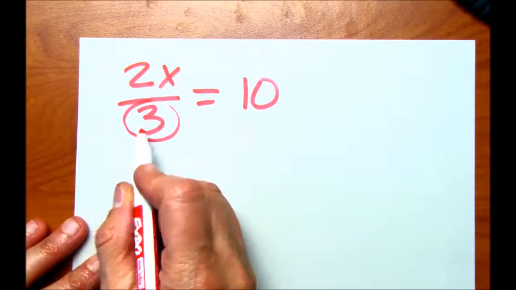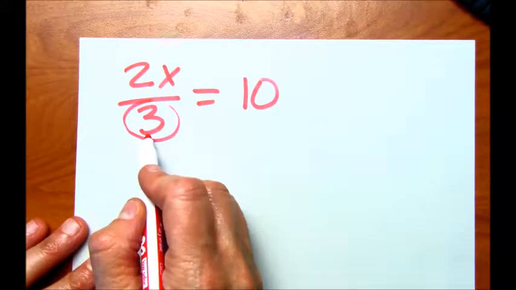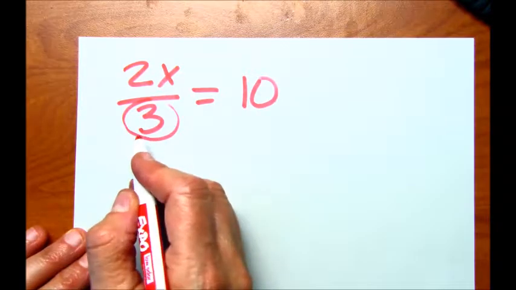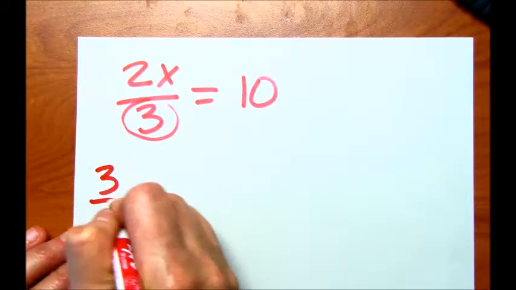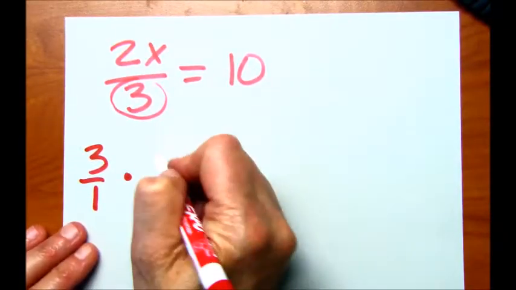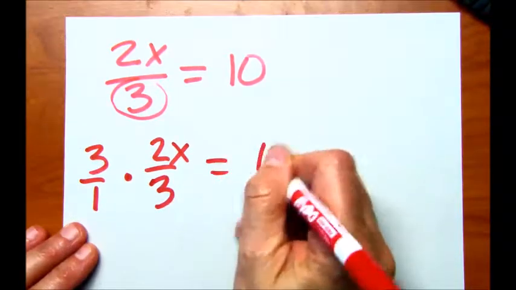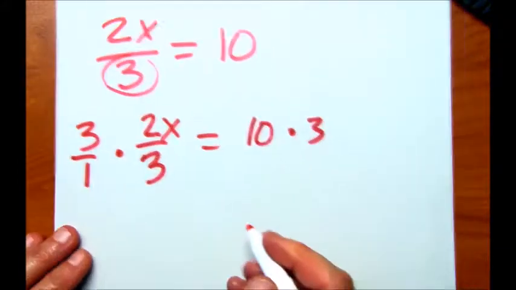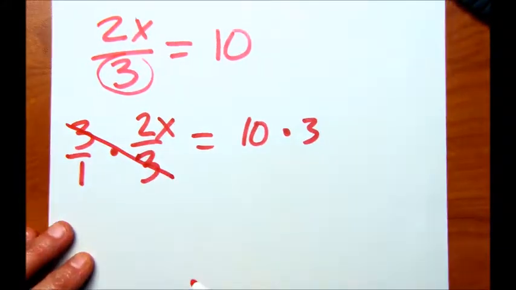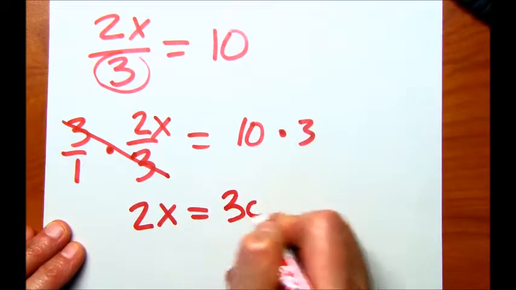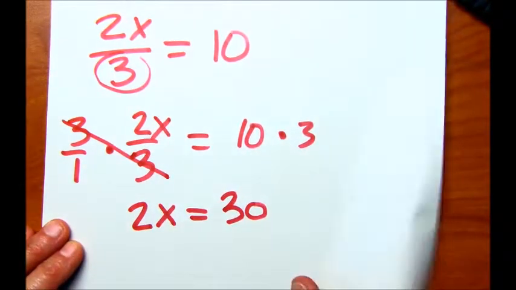So this is really like a third, or in this case 2/3. So if I multiply by 3, 2/3 or 2x over 3 equals 10 times 3. We can cancel those 3's, and then we're left with 2x equals 30, because 10 times 3 is 30.